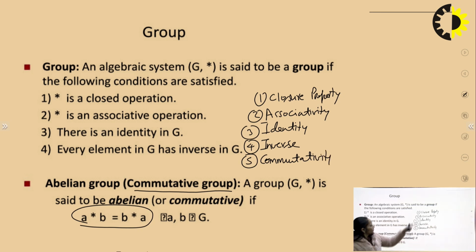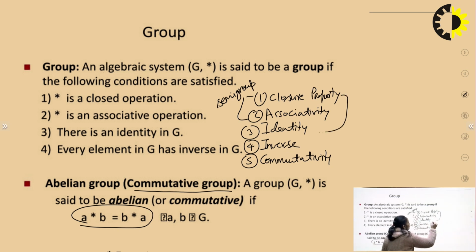If the first two properties, closure and associativity, exist, then it is called a semi-group. If the first three, closure, associativity and identity, exist, then it is called a semi-group with identity, or monoid.